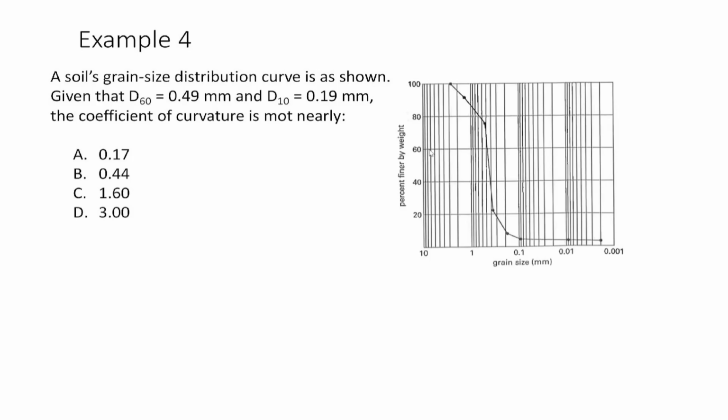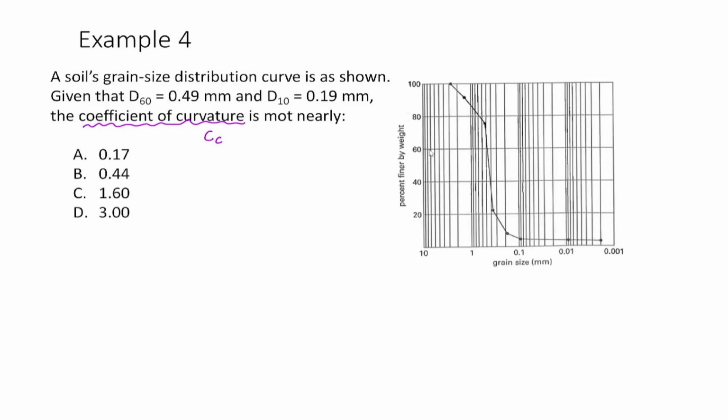Okay, we're back. So, a very classic soil grain size distribution. And the tricky part is the question is asking for the coefficient of curvature. And we usually use C sub C for that.